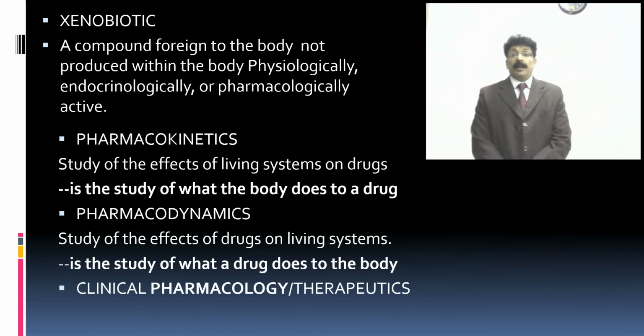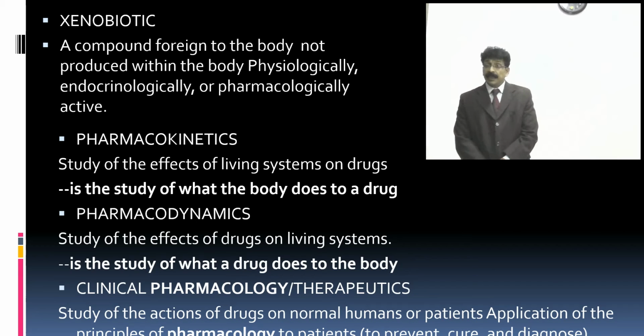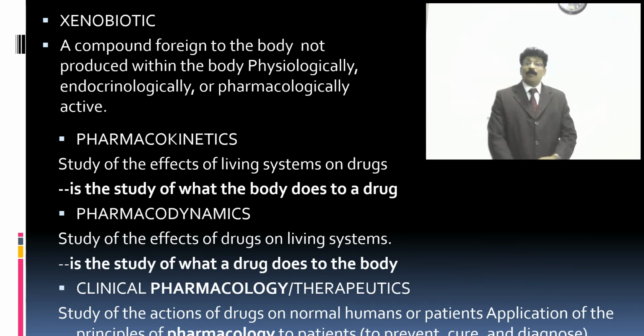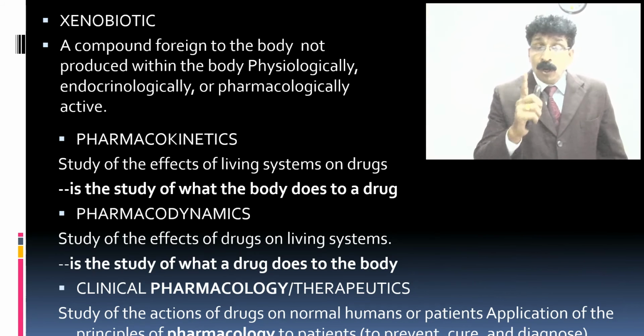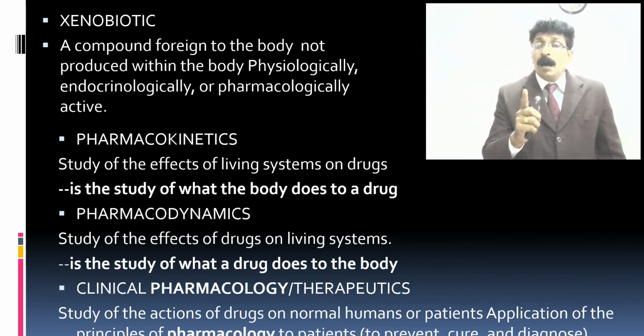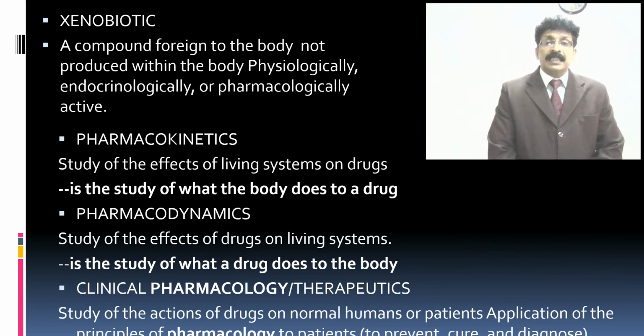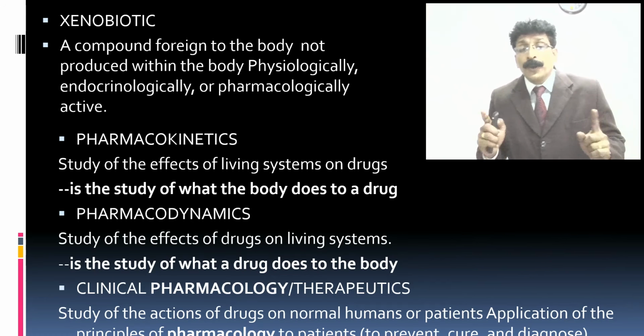Clinical pharmacology and therapeutics means the study of the actions of drugs on normal humans or patients, the application of the principles of pharmacology to patients for what? To prevent, cure and to diagnose.